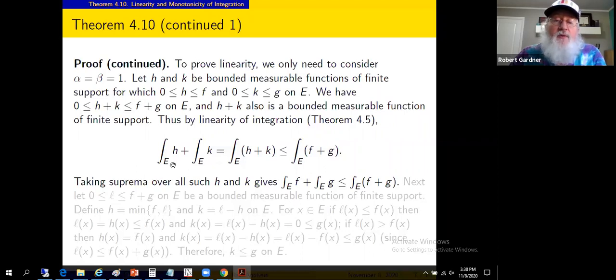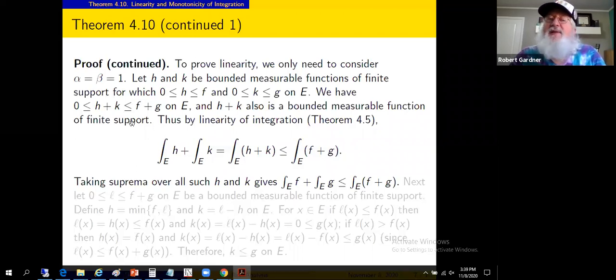The integral over E of h plus the integral over E of k is the integral of the sum of h and k, by linearity as applied to class 1, theorem 4.5 in the previous section. These are effectively class 1. There are some minor constraints there, some verbiage that needs to be added maybe. But it's linearity from class 1 that gives us the sum of the integrals is the integral of the sums. And that's less than or equal to the integral over E of f plus g.